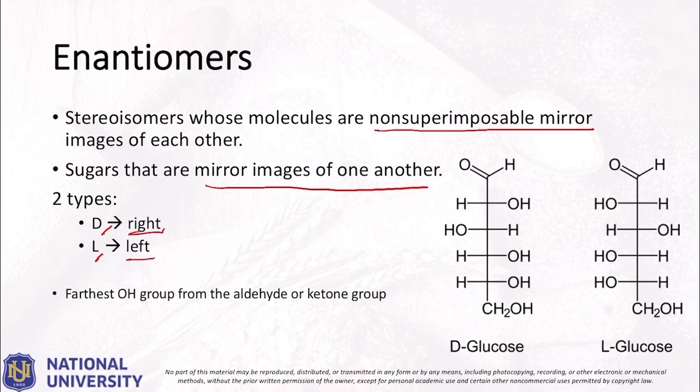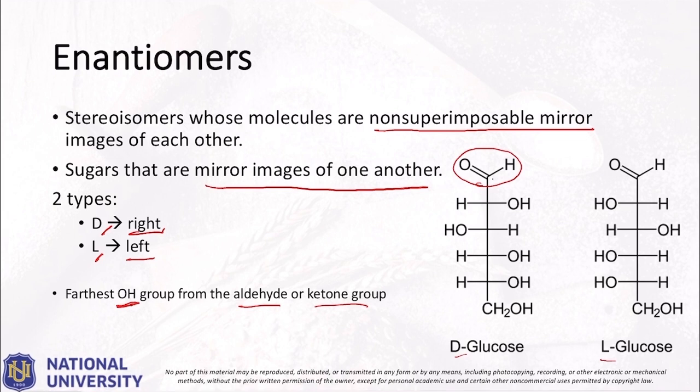So paano natin malalaman if D-glucose or L-glucose? So titingnan nyo yung farthest hydroxyl group, no, yung OH, from the aldehyde or ketone group. So this is the aldehyde group of the glucose. Yung farthest OH daw.